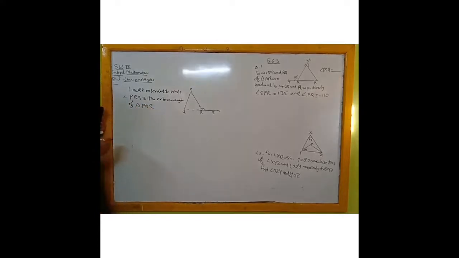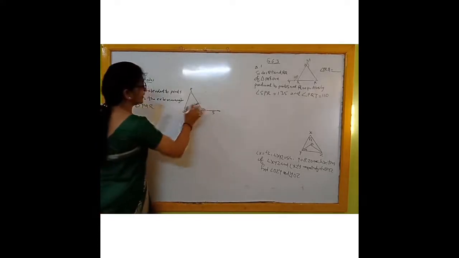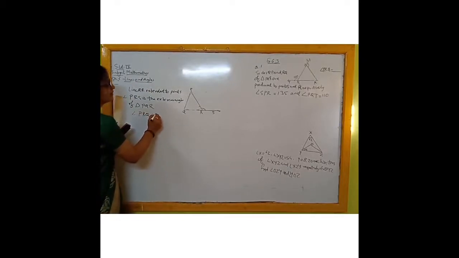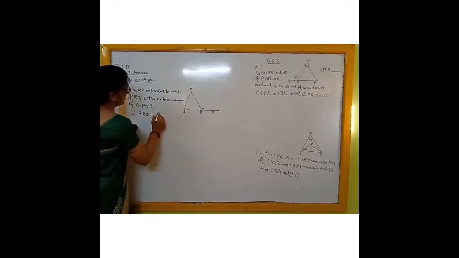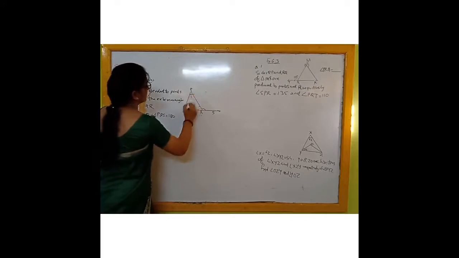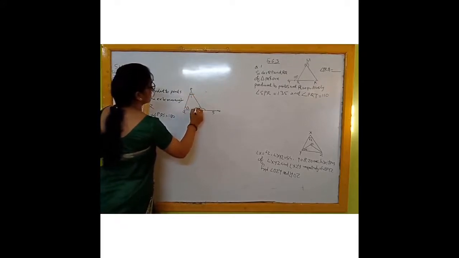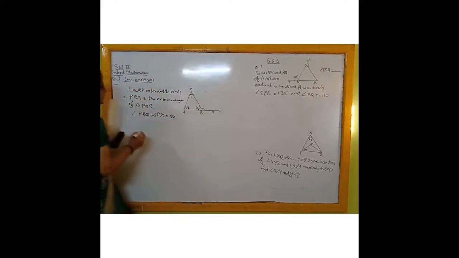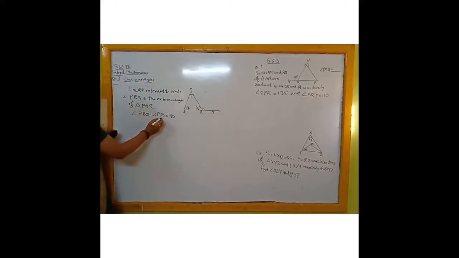Now we know that these two form a linear pair. Angle PRQ plus angle PRS is equal to 180.